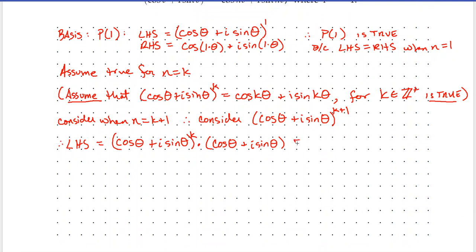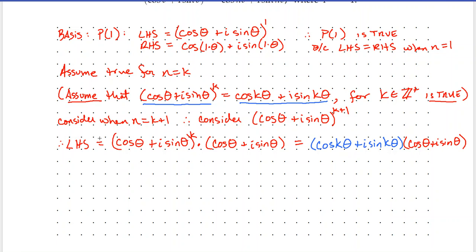Now, we are going to use our inductive hypothesis. We're assuming that this is equal to that. So we consider this as cosine of k theta plus i sine of k theta, all of that multiplied by cosine of theta plus i sine of theta.